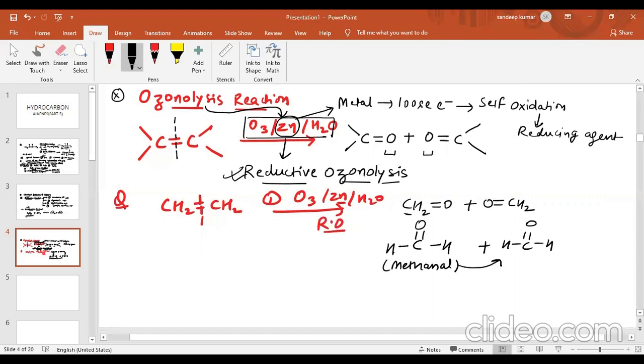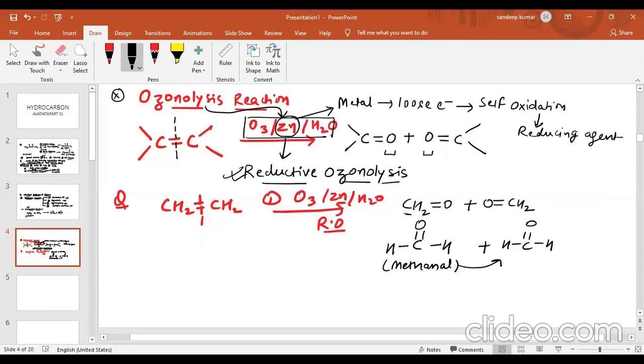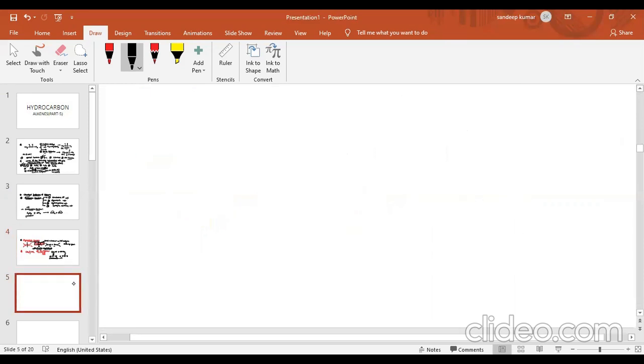Now see the next question. As you can see, the compound is given like this: CH3, CH double bond CH2, in presence of O3, zinc and H2O.